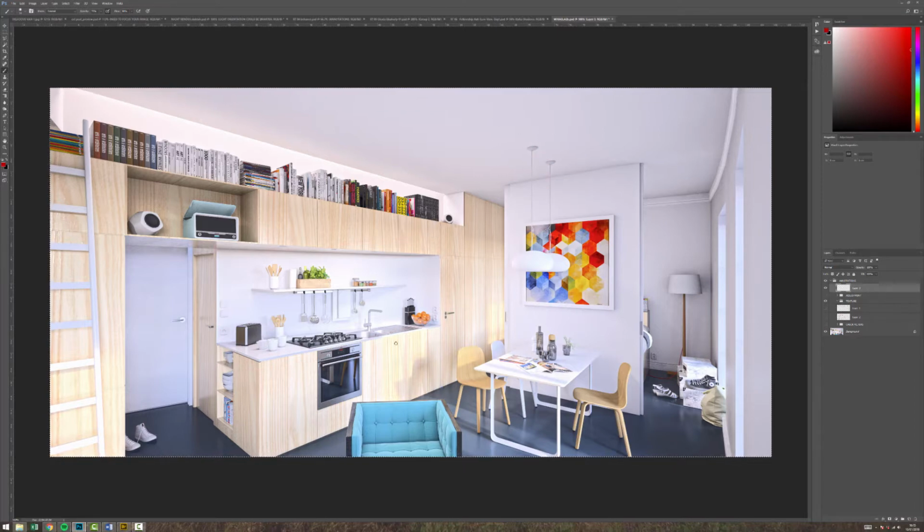So besides that, the other thing I think could be interesting, although it's just a point of view, is that I quite like, when I'm dealing with interior renderings, to get a grasp of what's happening outside.